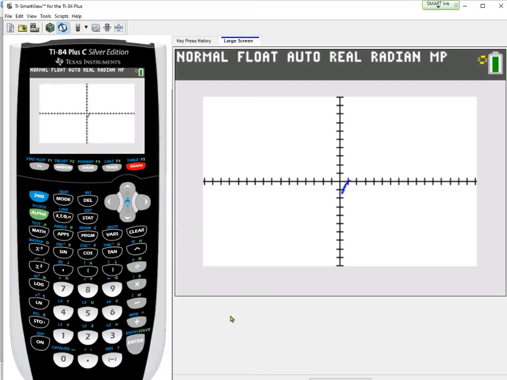You should get something that looks like this. Mine looks so weird. Oh, you need to zoom normal. Go 6, which is standard. You can just push 6 too.